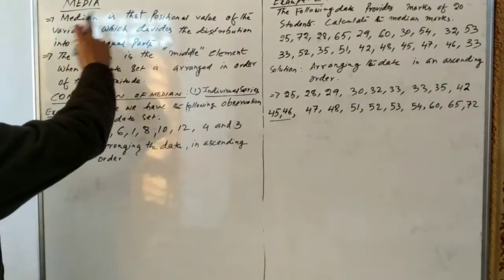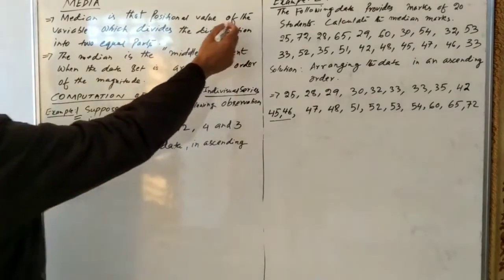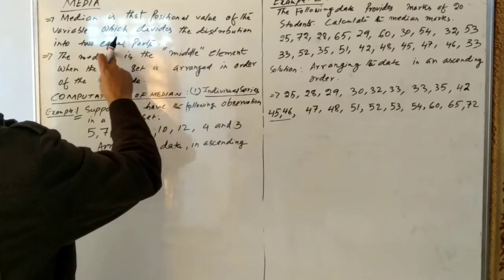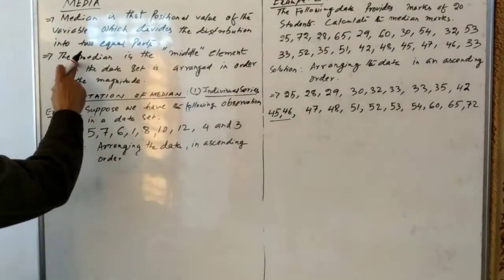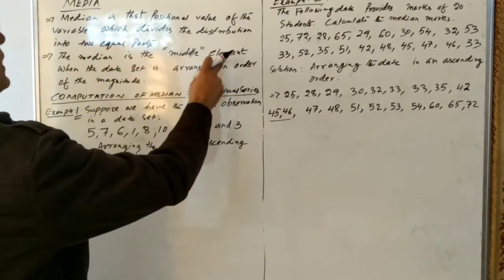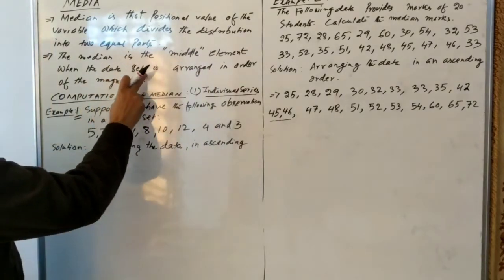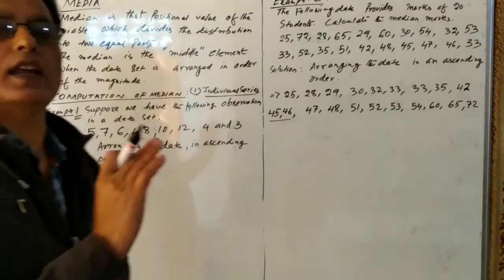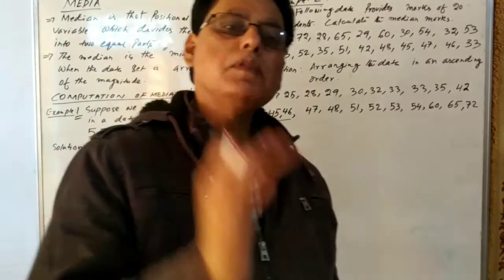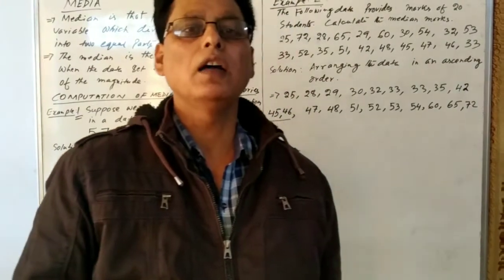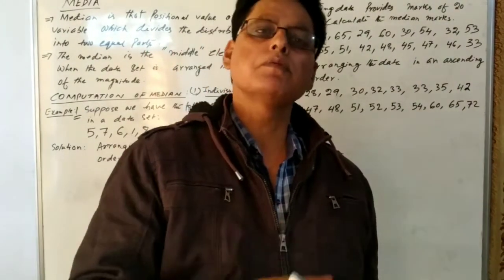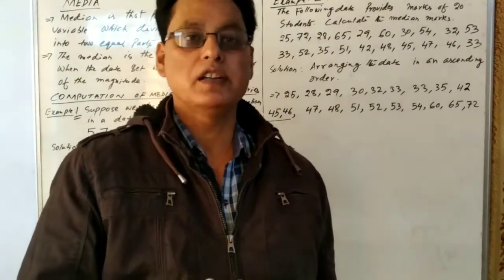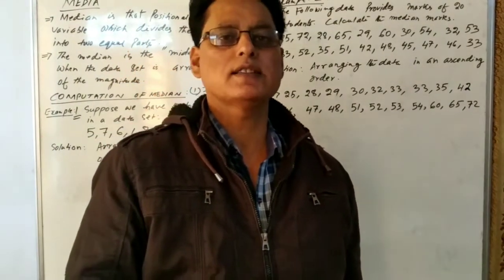The median is the middle element when the data set is arranged in order of magnitude. It means the middle element of the arranged data, which means when we arrange the data, the most middle value of the distribution is known as median.